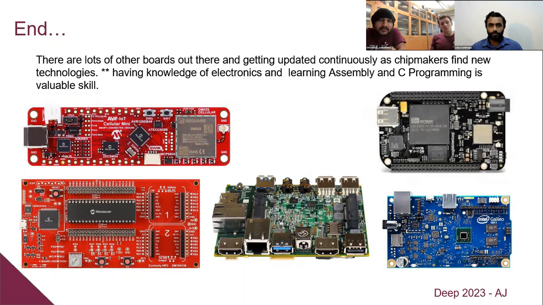All of these boards can be programmed in assembly or C, so having that knowledge is a very good thing if you're planning to continue your careers in embedded systems.